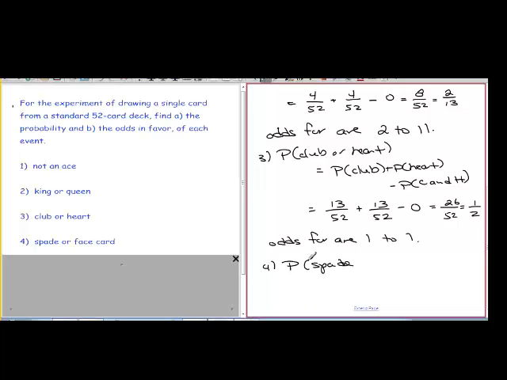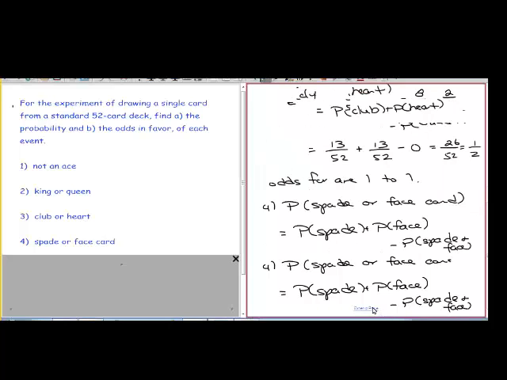The probability of being a spade or face card: you take the probability of being a spade plus the probability of being a face card minus the probability of being a spade and face card.